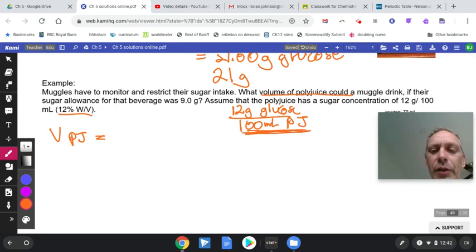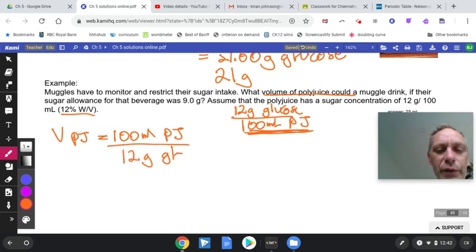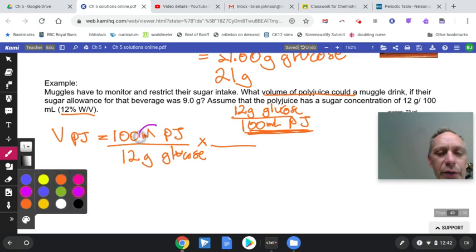That's what I'm looking for, so I've got to put that on top: 100 milliliters of Polyjuice Potion contains 12 grams of glucose. Now I'm looking for milliliters of Polyjuice. I need to get rid of grams of glucose, and here's how I do it.